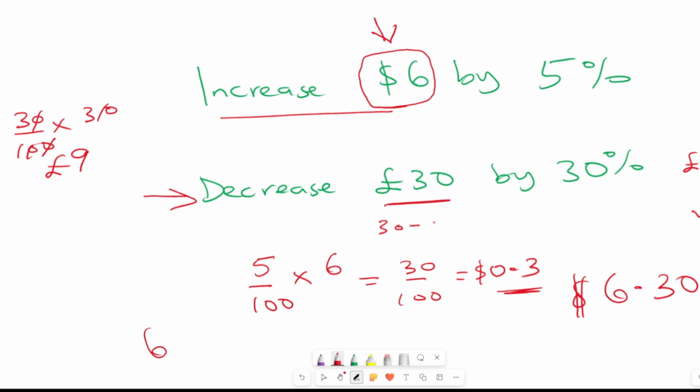So 30 minus 9 is 21. If I'm to decrease £30 by 30%, I'm now going to have £21 remaining. So in the following week, the boy who would normally get £30 pocket money for a week will now be getting £21 for the week, so that they will behave properly and then come back to getting their usual £30 a week.